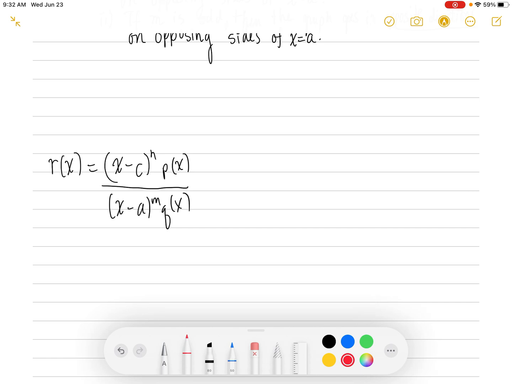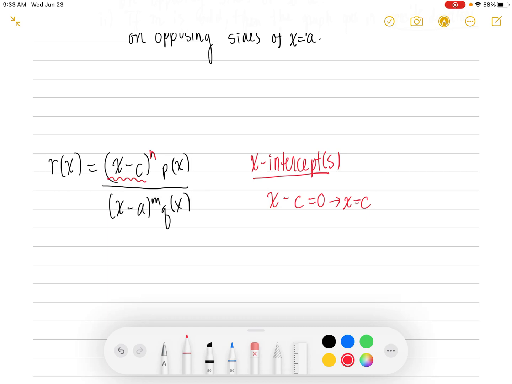So here I have my generic rational function with x minus c, a factor, on top of multiplicity n. If I'm finding the x-intercepts, I would take my factor x minus c, set that equal to 0, and I get x equals c.